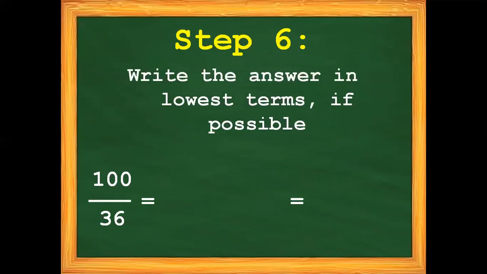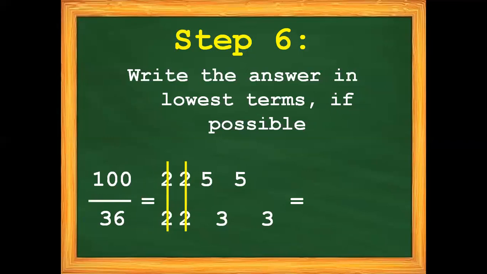Step number 6. Write the answer in lowest term, if possible. What are the prime factors of 100? We have 2 times 2 times 5 times 5. How about 36? We have 2 times 2 times 3 times 3. Let's cancel the greatest common factor.